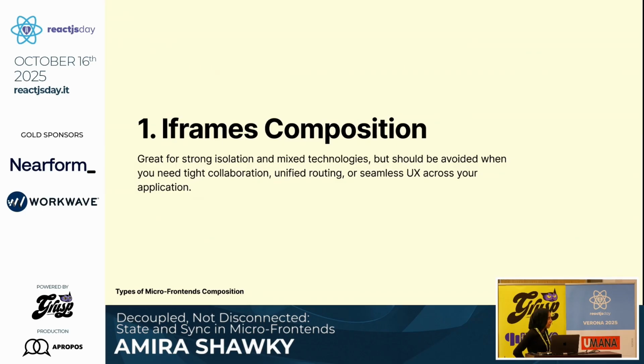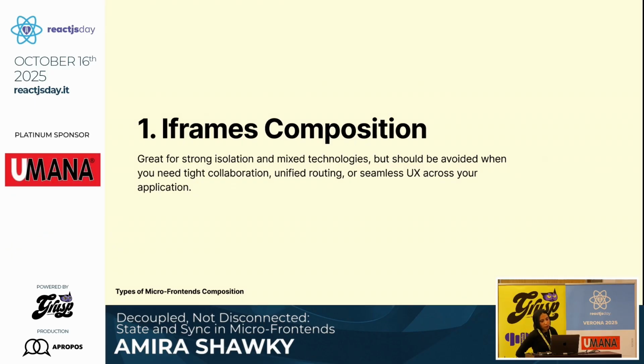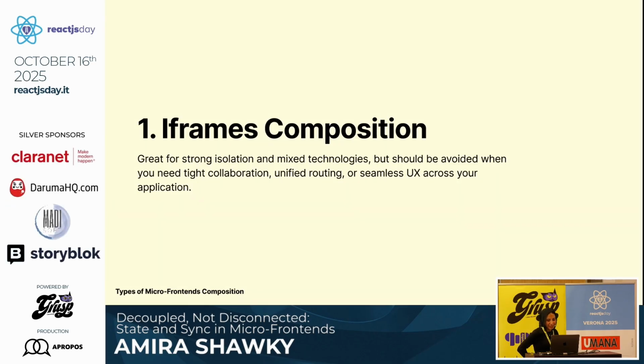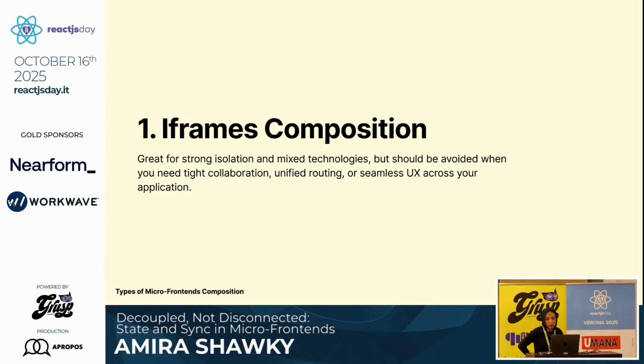This makes them ideal for teams using different tech stacks, needing strictly secure boundaries, or when you want to embed third-party or legacy applications. However, that same isolation can limit your integration, such as routing, shared state, and consistent theming, which become extremely hard to manage when dealing with iframes.